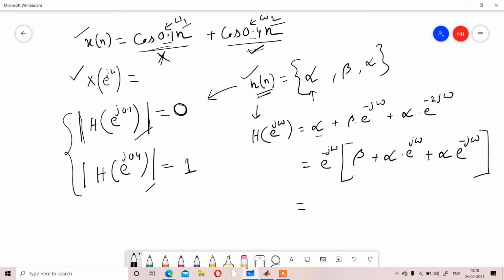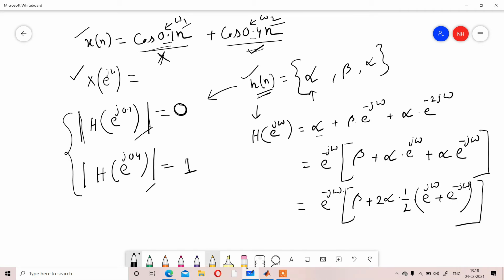So from here, e to the power minus j omega times beta plus, if we make alpha common, and if we write 2 alpha, we can write as half e to the power j omega plus e to the power minus j omega. So that remains the same. Half to cancel out and alpha common.